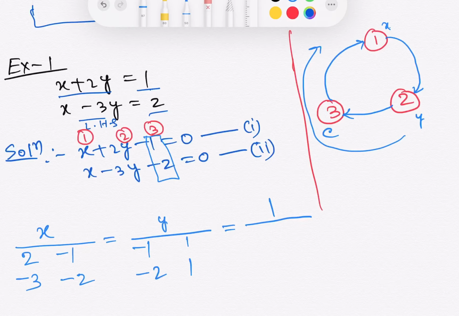The first portion is the coefficient of x, from equation 1 plus 1, and equation 2 also plus 1, and the y variable part, equation 1 plus 2 and equation 2 minus 3. So now all portions are complete.